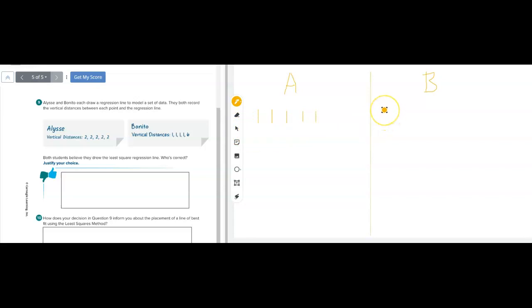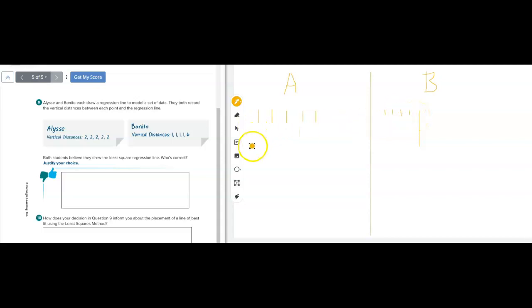And Benito's are closer, right? His are 1, 1, 1, 1. Well, they're not all closer because one of them is 6 away, right? So these are the distances between Alyssa's points and the line and Benito's points and the line.